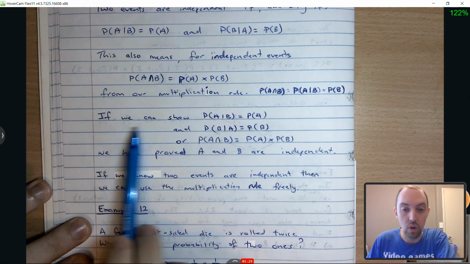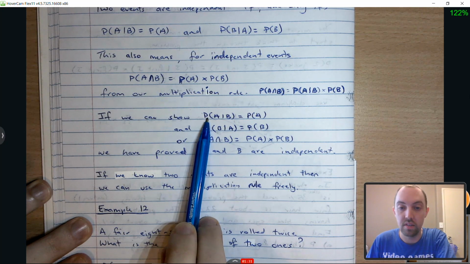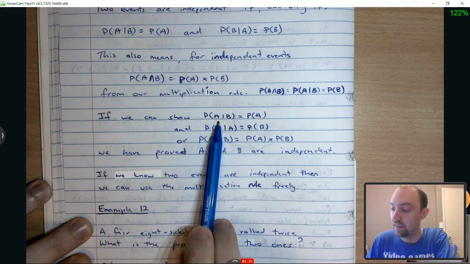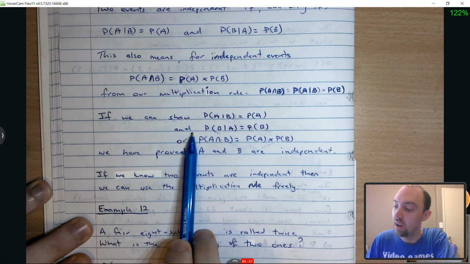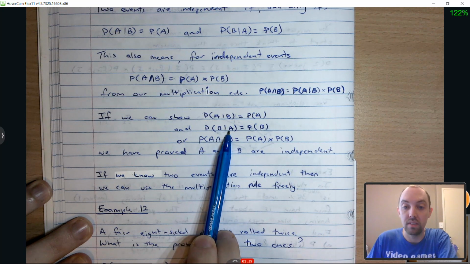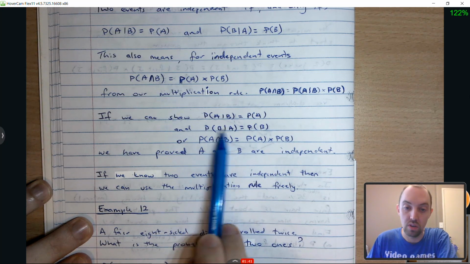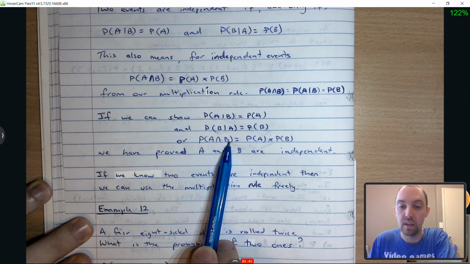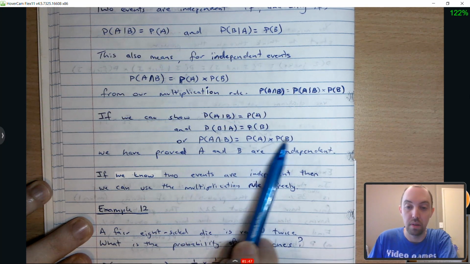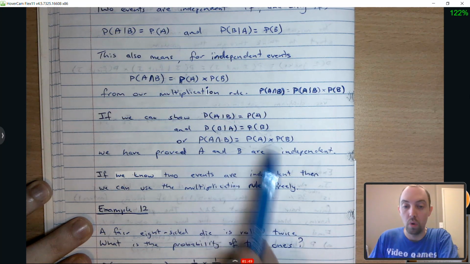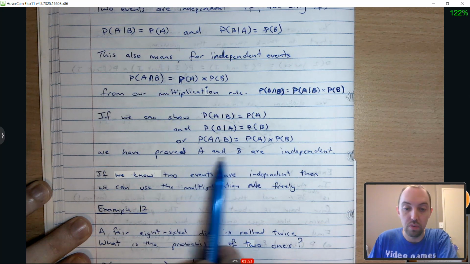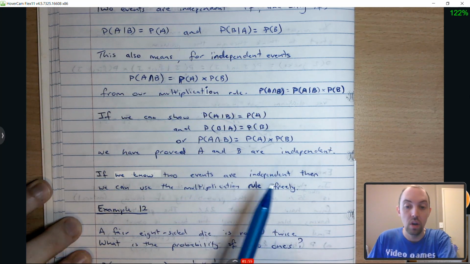If we can show that the probability of A given B is equal to the probability of A, and the probability of B given A is equal to the probability of B, or we can show that the probability of A and B is equal to the probability of A times the probability of B, or all three, then we have shown or proved that these two events, A and B, are independent.